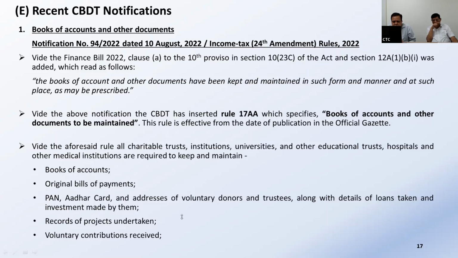Then the debit balance issue will not arise. My question is, should I first disallow the claim in my return and then claim it in the following year, or do it in my books of account? You should disallow it in your computation.